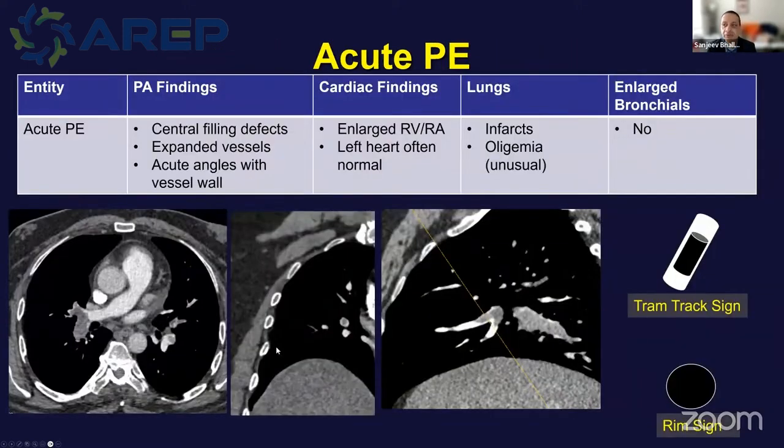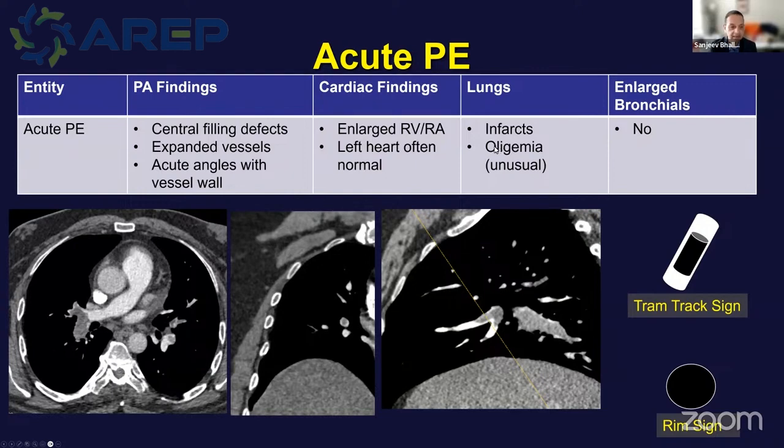And when we think about acute PE, this is how we can break it down. The pulmonary artery findings tend to be central filling defects, which expand the vessels. If the pulmonary embolism is peripheral, we'll have acute angles with the wall. We may see an enlarged right ventricle if there's right heart strain, but we will not see right ventricular hypertrophy. We look for infarcts.